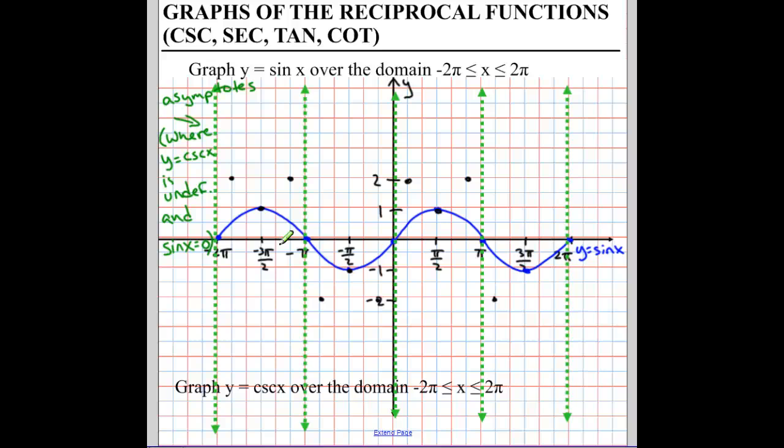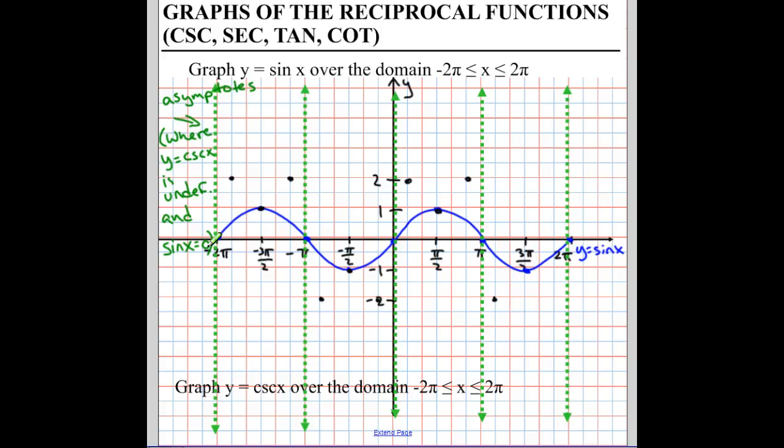So I'd like you to take your ruler and just draw dotted lines here. Any place the sine graph has a 0, the cosecant graph has a vertical asymptote. I'd like you to make a note here: these are asymptotes where the cosecant of x is undefined and the sine of x is 0. When you're ready, keep playing the recording.